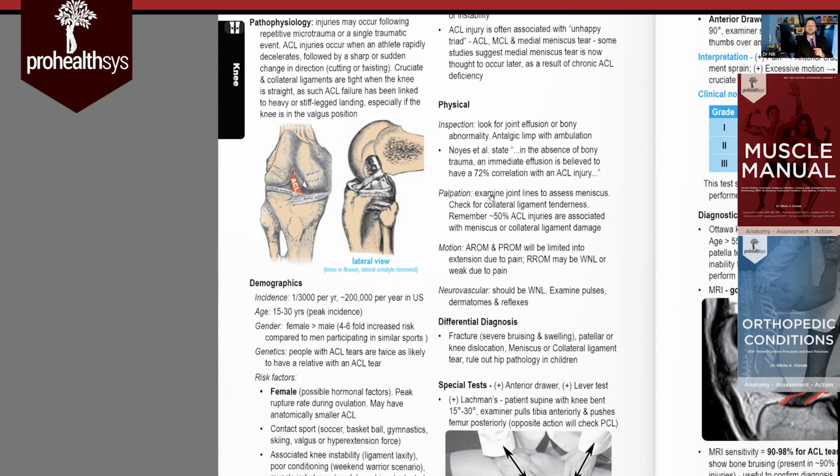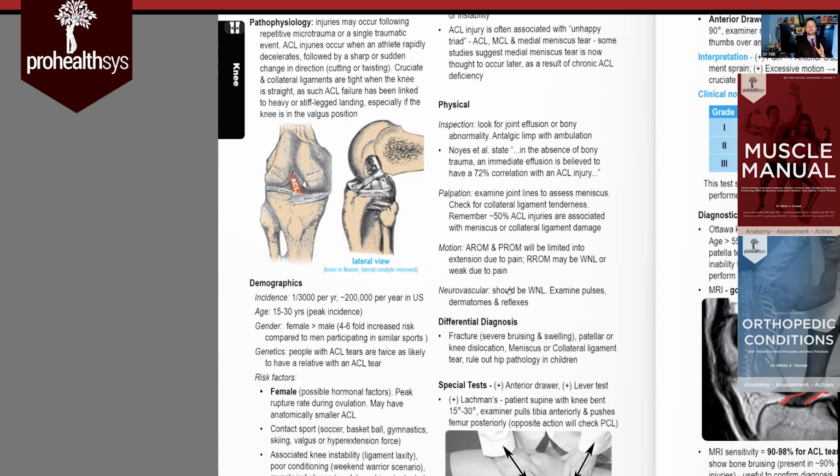Very, very common. Examine joint lines to assess for meniscus. Remember, your main finding for a meniscus tear is joint line tenderness with a planting twisting event. 50% of ACL injuries are associated with meniscus or other collateral ligament damage, so please do a detailed evaluation.